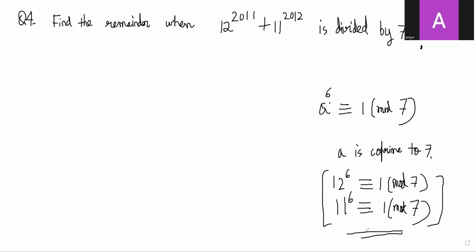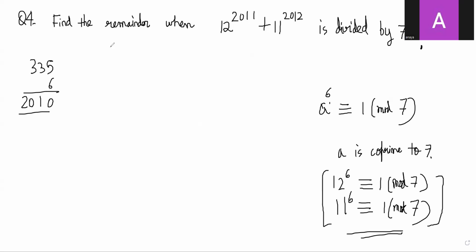After that, it's a matter of managing the power to get close to it. 335 times 6 is 2010.